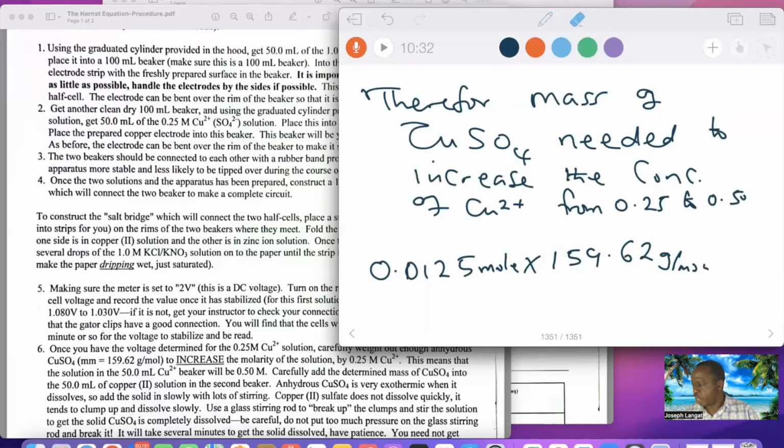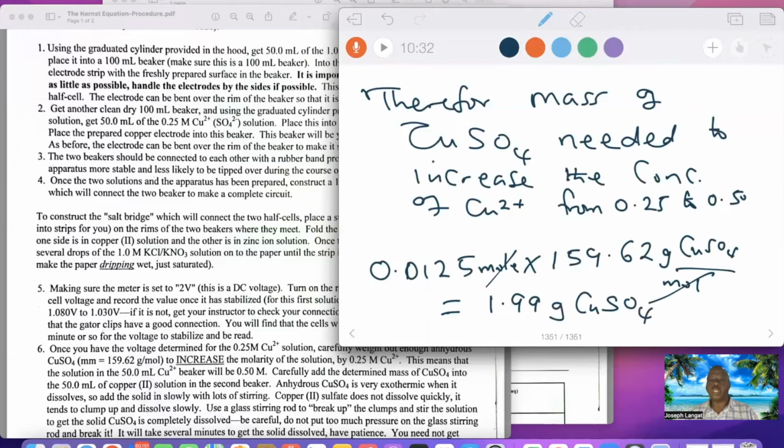And by the way, so that we reconcile the grams, this is grams of copper 2 sulfate. So mole and mole will go away, and it turns out to be 1.99, or 1.988 grams of CuSO4.